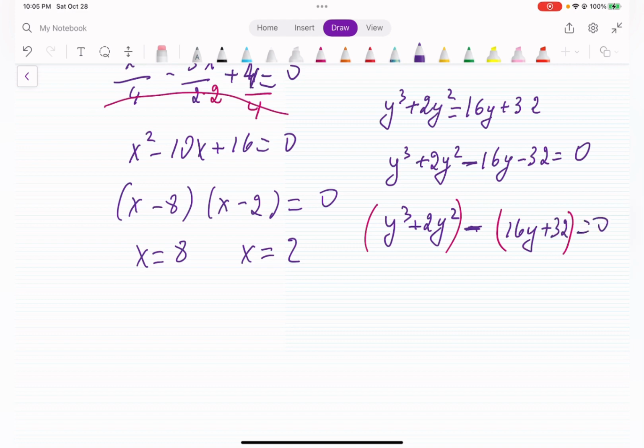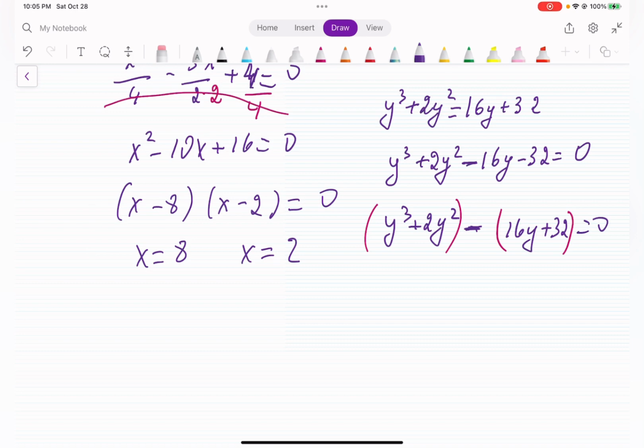I flipped: 16y was negative, became positive, 32 was negative, became positive. Because in front of my parentheses is negative, I have to change the sign. Let's check now. If I take the parentheses off, it will be negative 16y minus 32, just like our original problem, right?